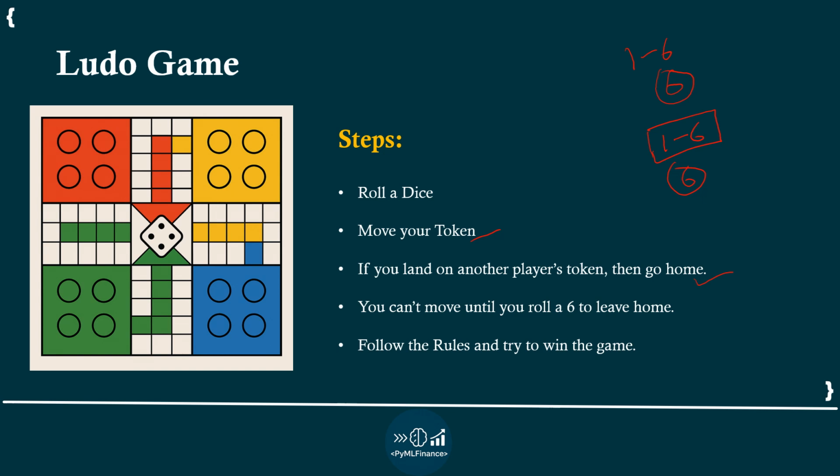Then we check if a player landed on another player's token or not. We also define steps like moving tokens, switching the turns between players, etc. Just like we followed the rules of Ludo while playing manually, the computer also follows the same rules step by step using the instructions that we give to the computer.